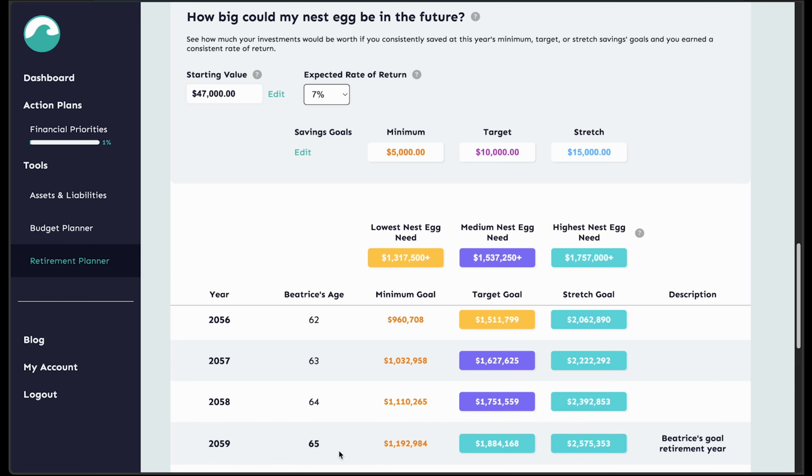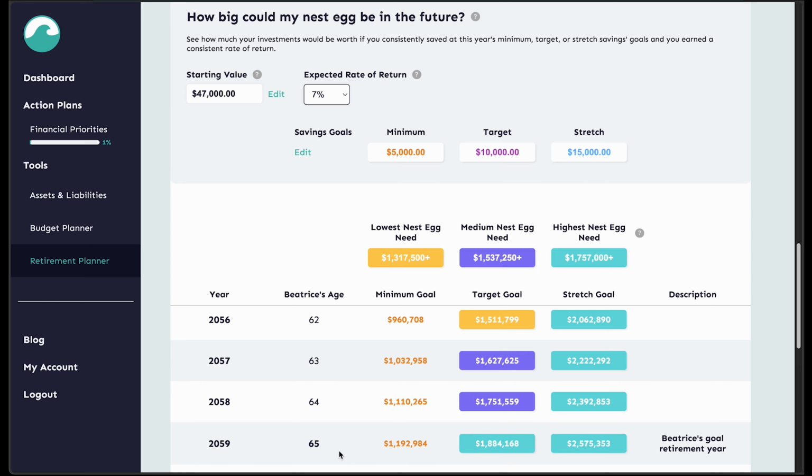We talk a bit more about what nest egg need means on the Summary tab, but at its most basic, think of your lowest nest egg need number being your most basic and no-frills retirement lifestyle, whereas your highest nest egg need number being a relatively cushier and extravagant lifestyle.